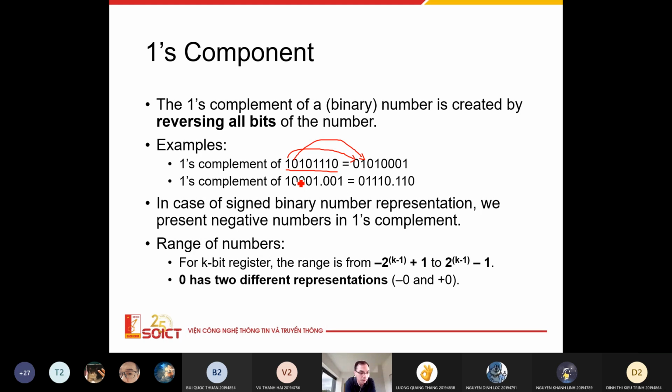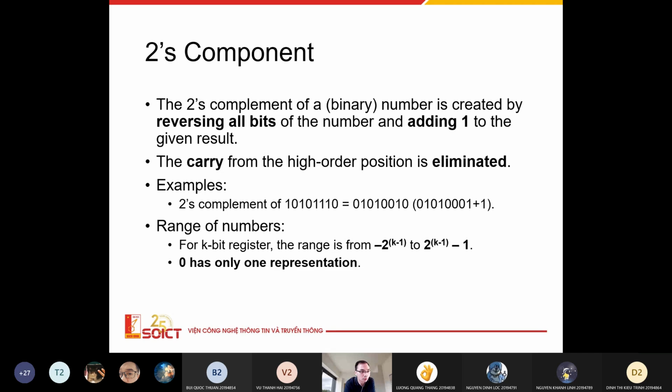But note that the main drawback of this system is that we have two different zero representations, minus 0 and plus 0. So that is the reason we have the two's complement.